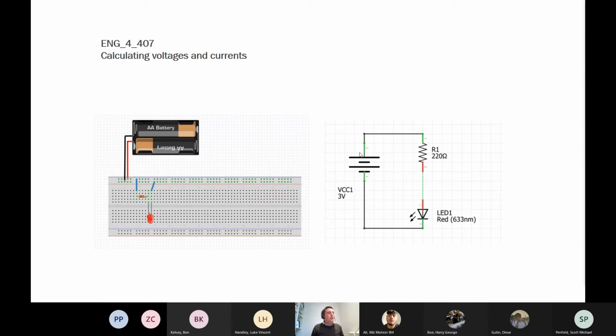And so if there's 3 volts from the battery, 0.7 volts across the LED, then we would calculate there are 2.3 volts. The remainder of the voltage is across the resistor. So we know 2.3 volts across the resistor and 220 ohms means we can calculate the current through the resistor, and then that in turn will be the current around the whole loop. So we can find the current in the circuit.